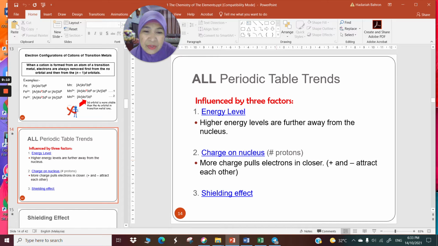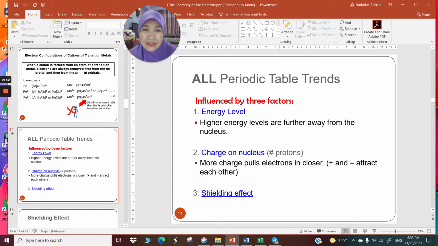The charge on the nucleus, or the number of protons contained in the nucleus, we will represent as charges. The more charge will pull electrons closer. So if you have a lot of protons in that nucleus, the electrons outside in the orbital will be pulled closer to the nucleus, because positive and negative obviously attract.